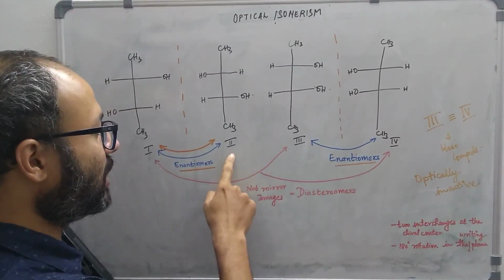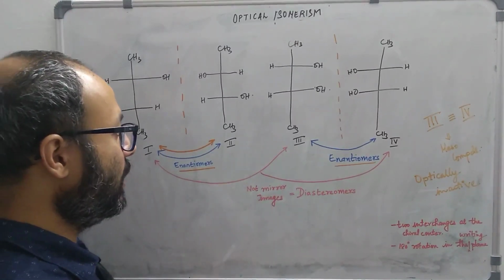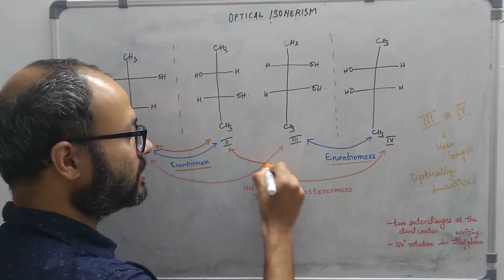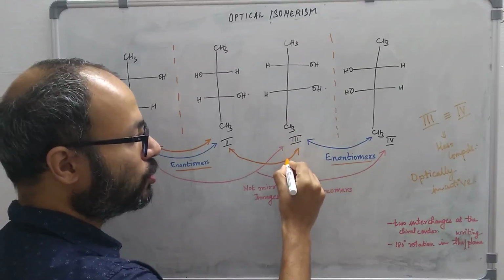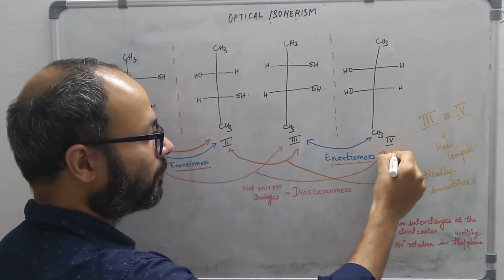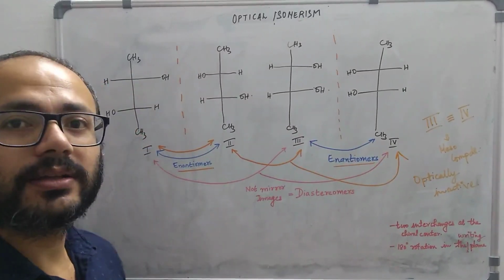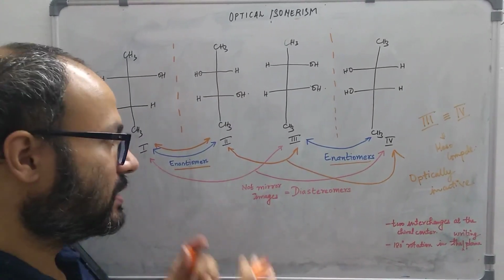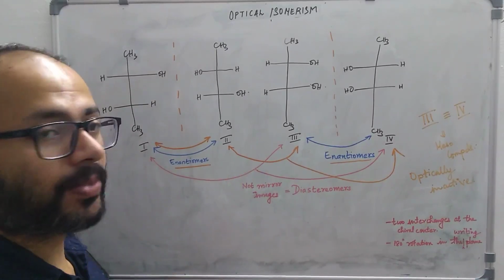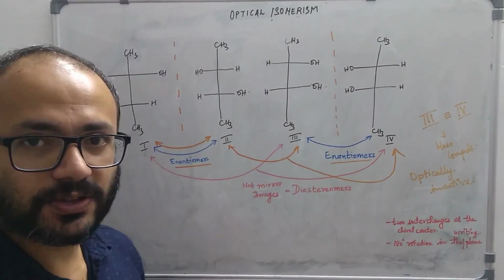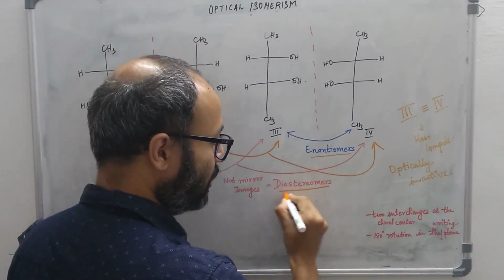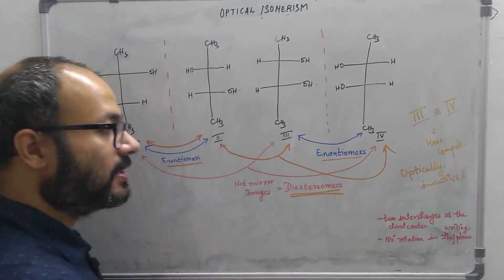Similarly, if you consider the relationship between isomer 2 versus 3, or 2 versus 4, they are again not mirror images of each other. Such stereoisomers which are not mirror images of each other are termed by another term called diastereomers.